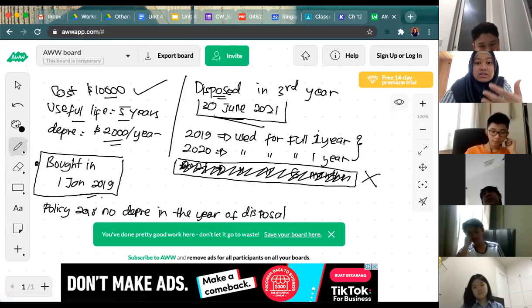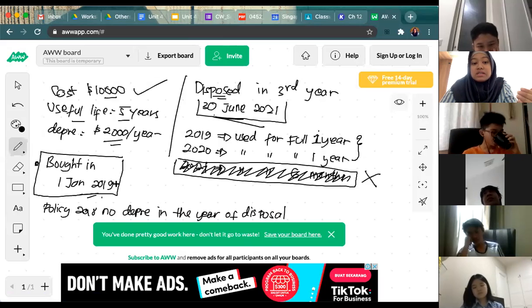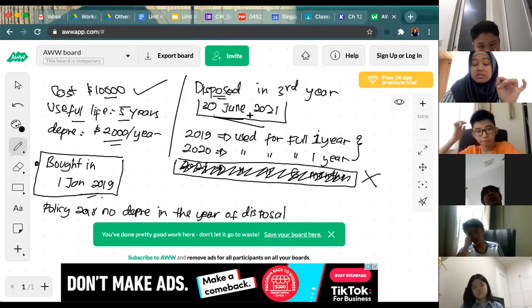Total depreciation that you have performed on that asset. If we purchased it in 2019 and disposed it in 2021, it means the asset lasts for 2.5 years. Agree? 2019, 1 year usage. 2020, 1 year usage. You already did it for 2 years.